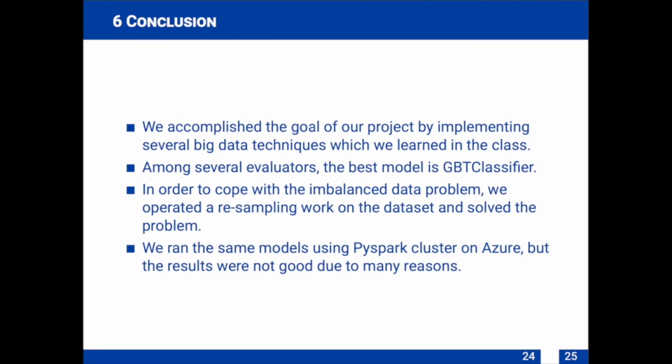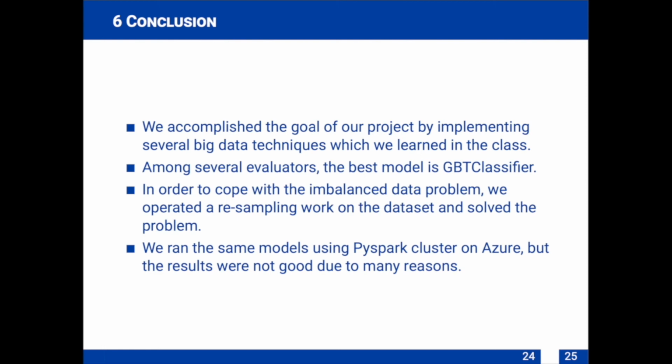Conclusion. Through the class and the project, we were able to apply big data computing skills to intractable big data tasks by using Spark. The bank marketing dataset from the UCI website is a suitable dataset, and we tackled term deposit prediction by means of the dataset and achieved the goal of our project by implementing several big data techniques which we learned in the class.